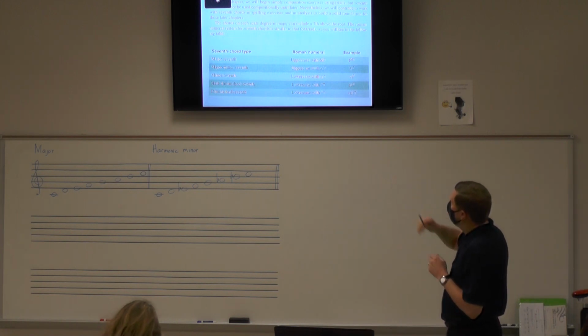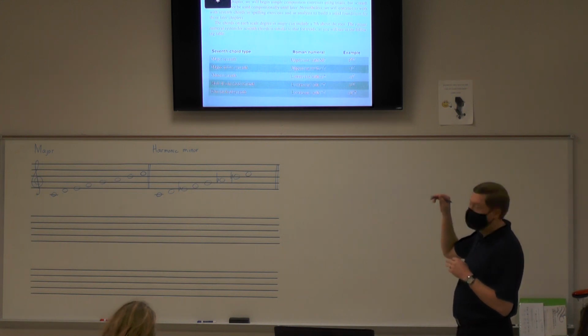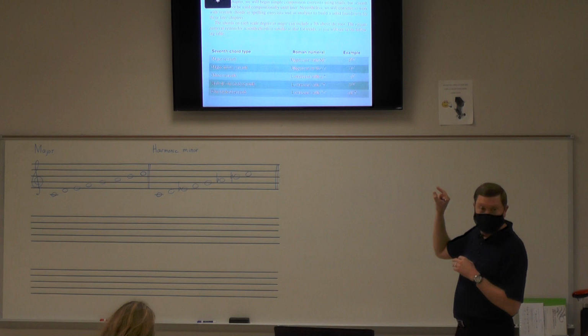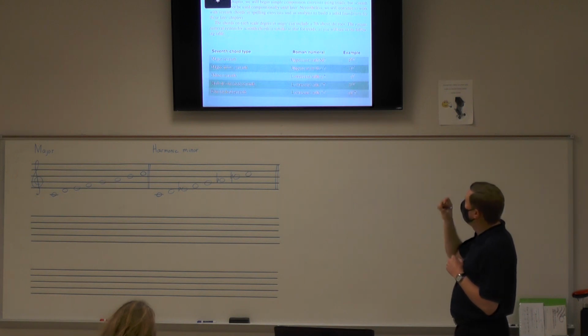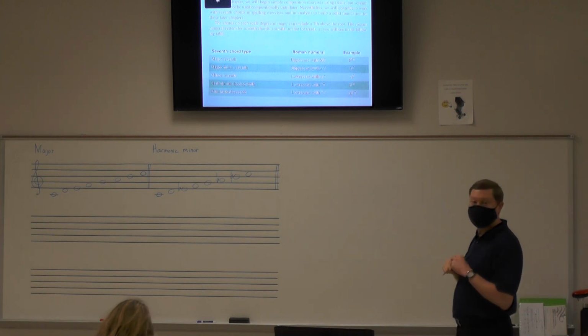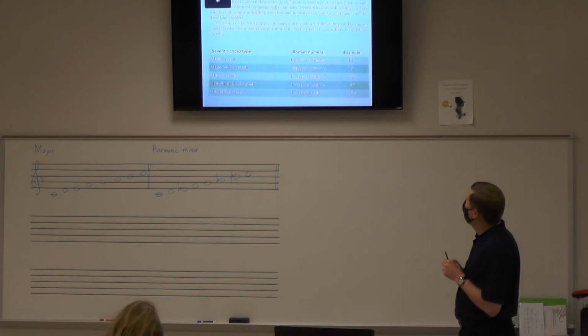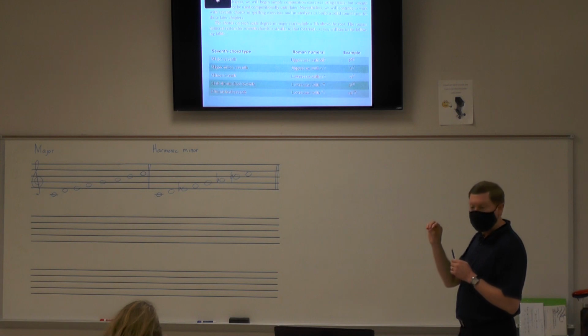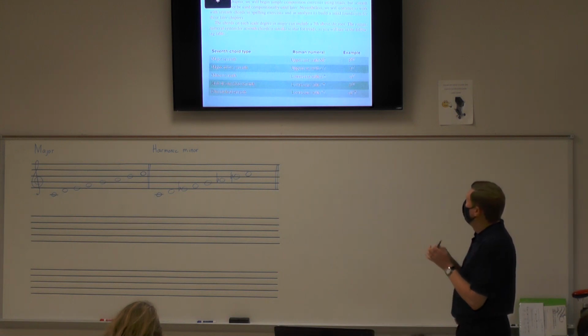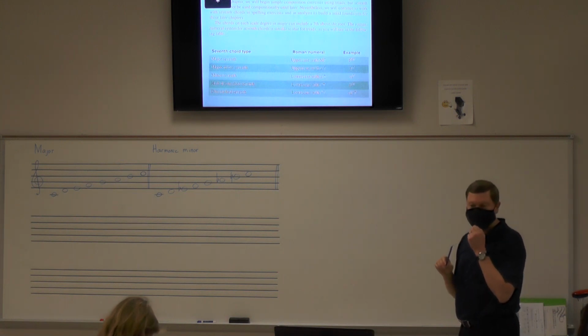The half diminished seventh chord type is a lowercase Roman numeral with a circle with a slash through it. That's our half diminished symbol, and then the figured bass numbers. And finally, the fully diminished seventh chord is a lowercase Roman numeral with the open circle or degree symbol followed by its figured bass number.